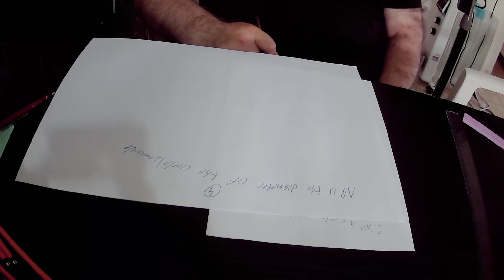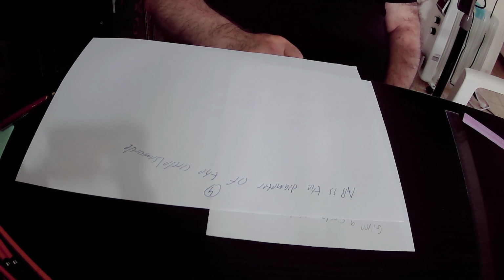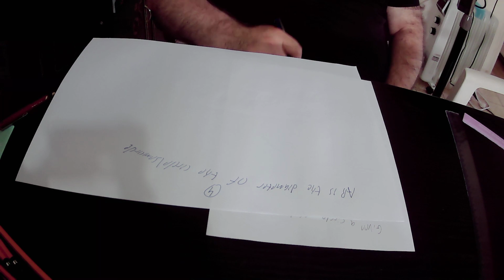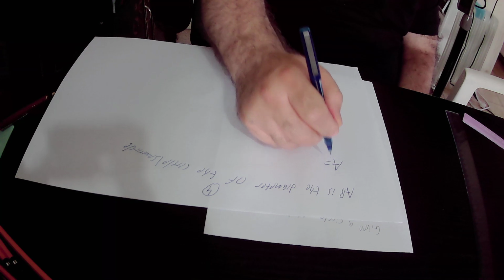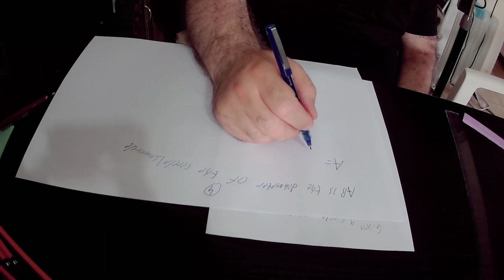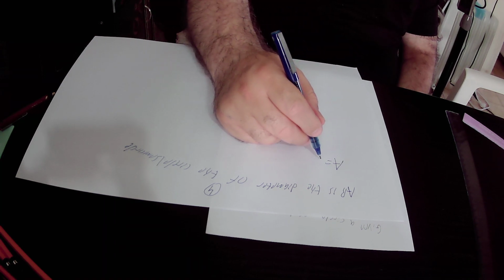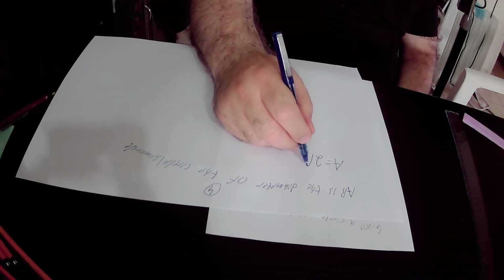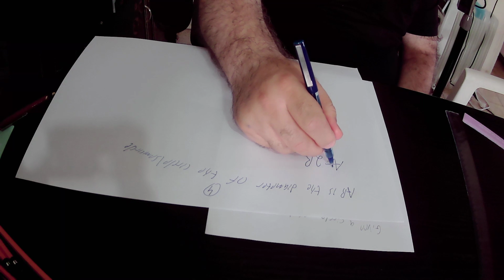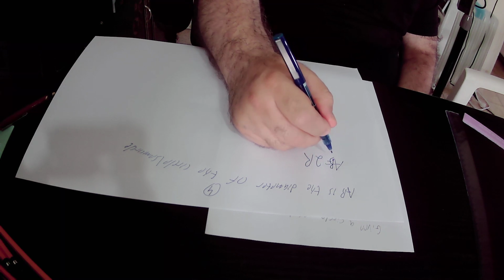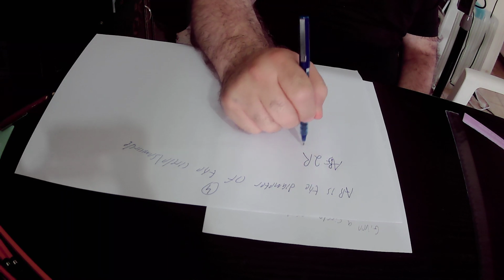And we know that the diameter is twice as long as the radius. That is to say, we define the radius of the big circle as capital R, so AB equals 2R. Any diameter is twice the radius.